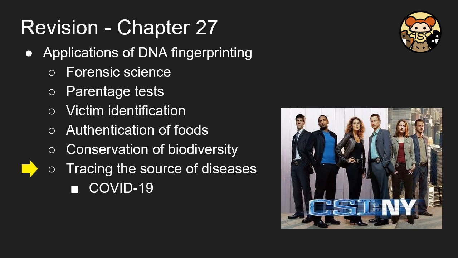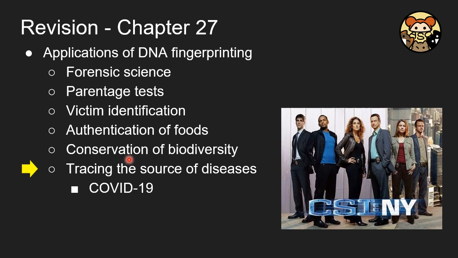So what are the applications of DNA fingerprinting? It can be used in forensic science. Shown here is a crime scene investigation, the CSI series. Like 10 years ago, most people enjoying American soap opera watched the CSI series. It can also be used for knowing who the parents are and identifying victims. It can be used for authentication of food, which means checking whether the food is actually produced at its claimed site of production, because different sites may have different DNA patterns.